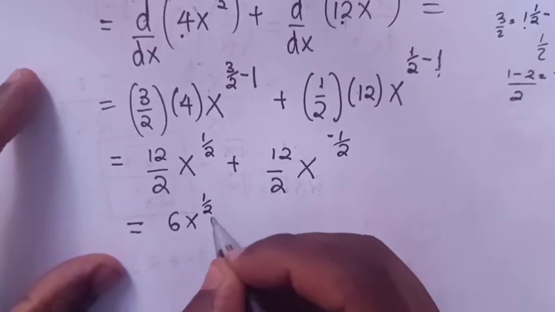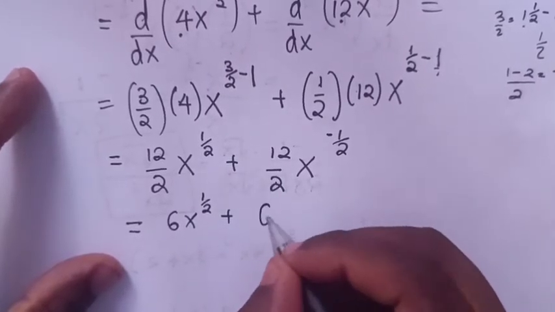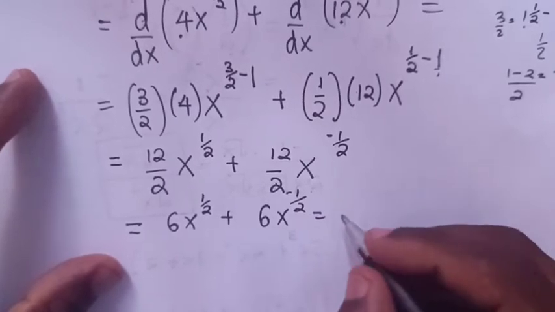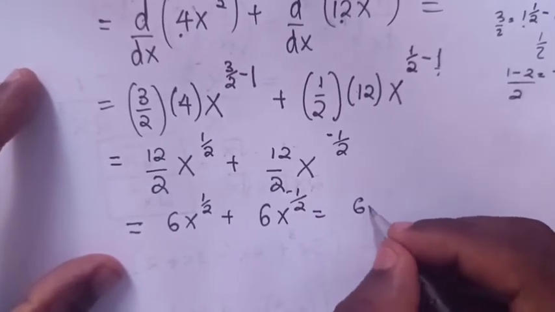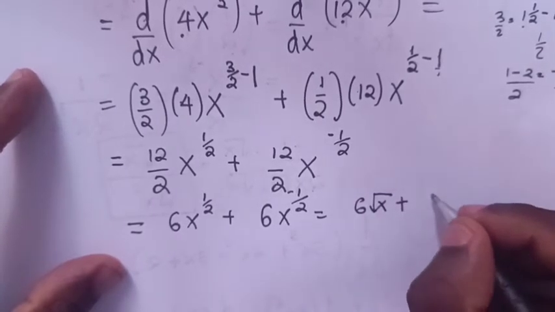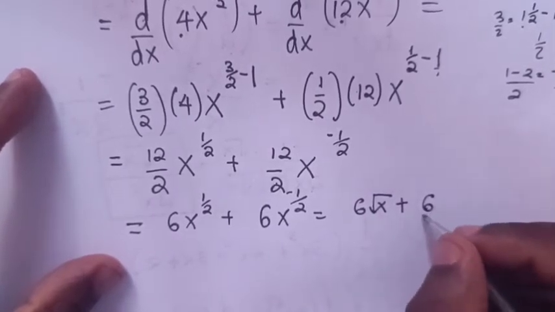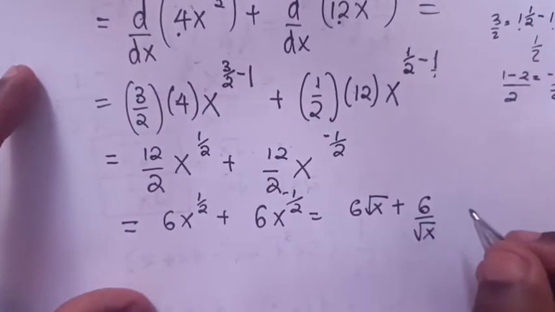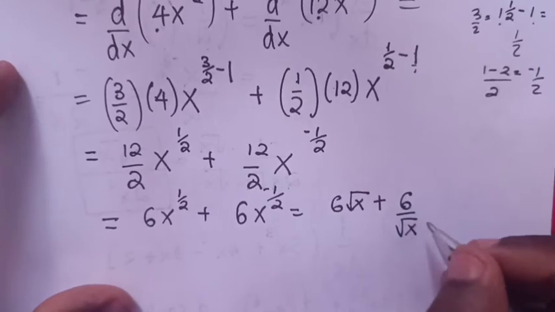Here it will be 6x to the power of a half plus 6x to the power of negative a half, which equals 6 times square root of x plus 6 over square root of x, because it's negative a half, so it will be in the denominator.